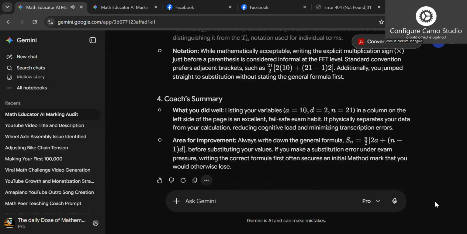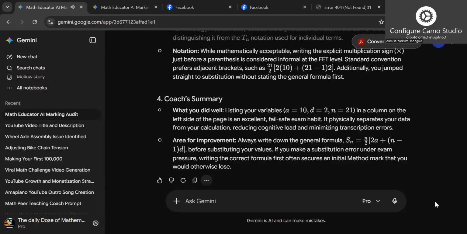Notation. While mathematically acceptable, writing the explicit multiplication sign, times, just before a parenthesis is considered informal at the matric level. Standard convention prefers adjacent brackets, such as 21 over 2 (2(10) plus (21 minus 1)(2)). Additionally, you jump straight to substitution without stating the general formula first.